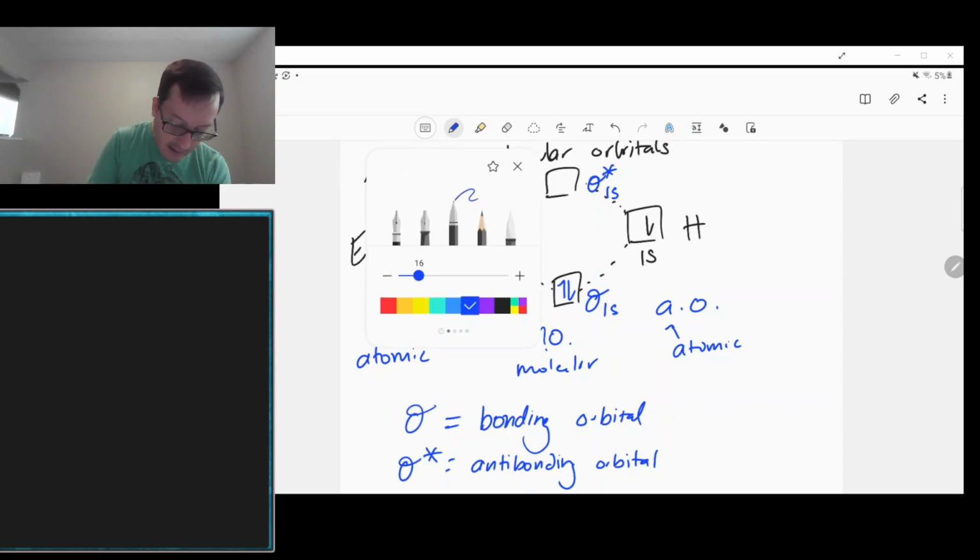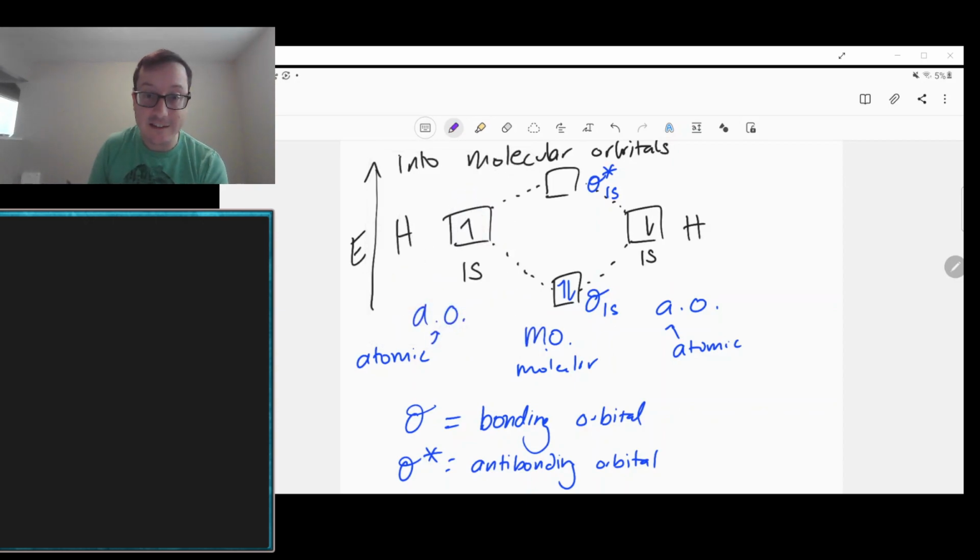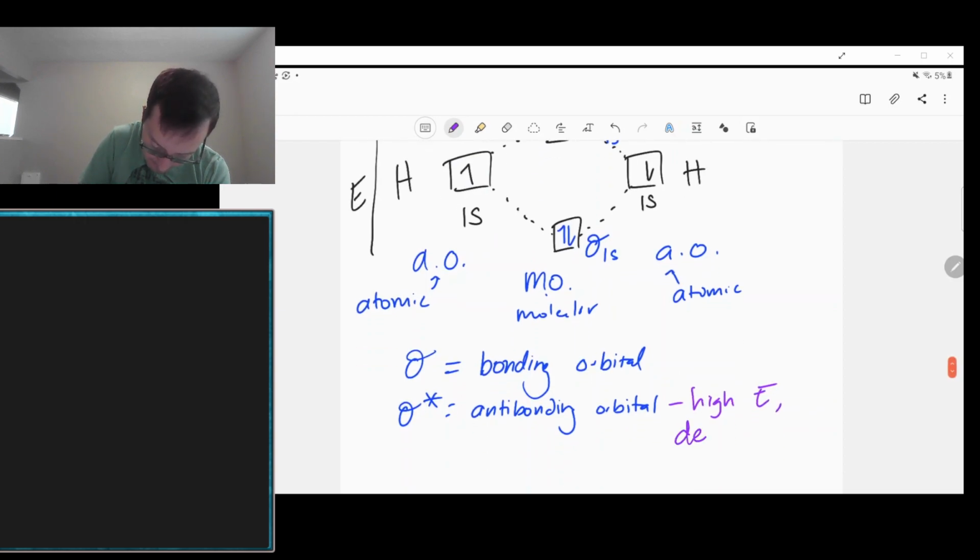Anti-bonding orbitals are higher energy, and therefore they're destabilizing. And we're going to see that bonding orbitals are going to be low energy, and they're going to be stabilizing.